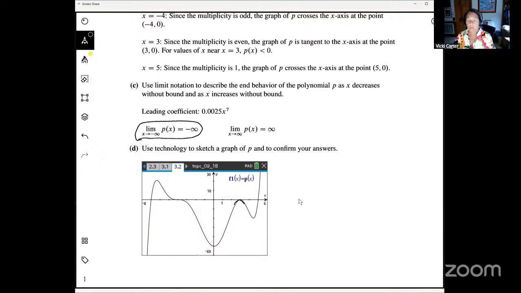In many of these questions, it would be about a polynomial, maybe not quite as complex a polynomial as you have, but it is highly likely that the students will be asked to describe the end behavior of the polynomial, and they'll only give one, either as x decreases without bound, or as x increases without bound.